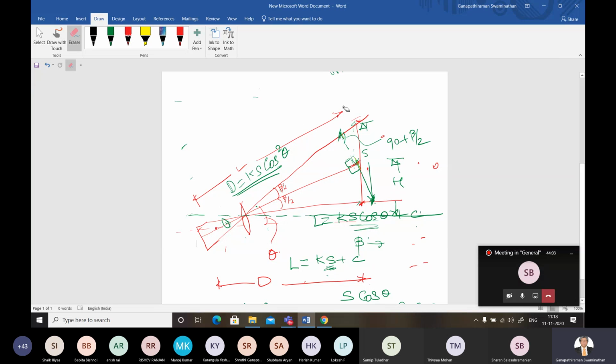Suppose the staff intercept readings are 1, 2, and 1.5. The axial hair reading: bottom hair is 1, middle hair is 1.5, top hair is 2.